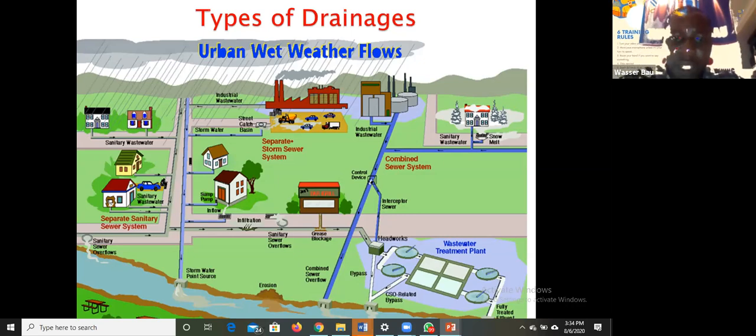the sanitary sewer. Then once there is a storm event, they have a control device that will quickly divert the foul sewer into the treatment plant.